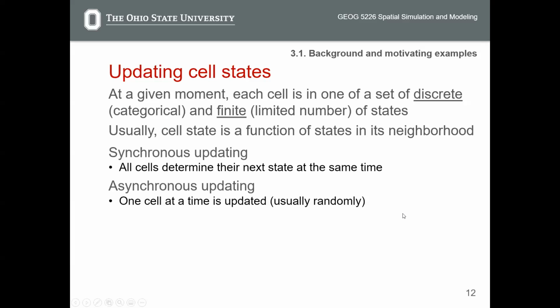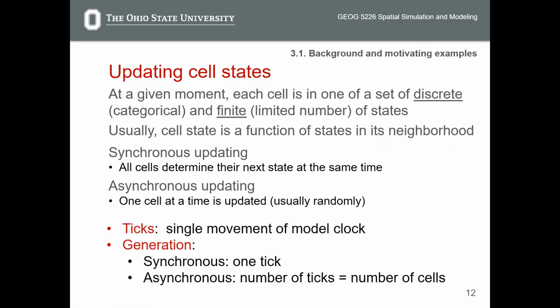Usually we choose a random cell on the chessboard, or several cells. That's more complex, so let's just say one for now. After one tick, only one cell will change its state, not all cells like synchronous updating. This is the reason why it's called asynchronous.